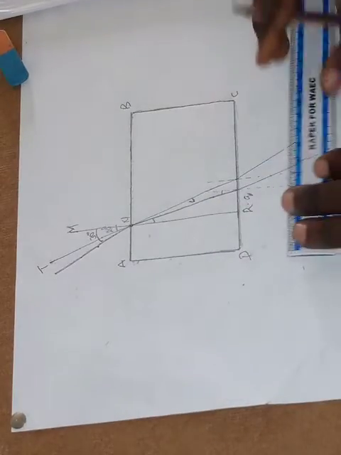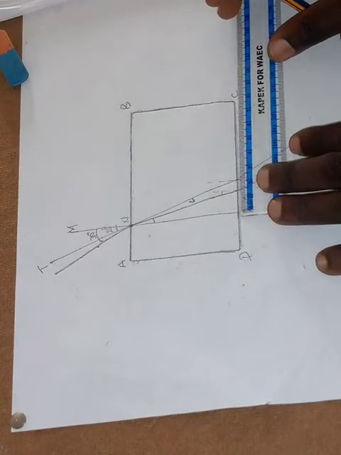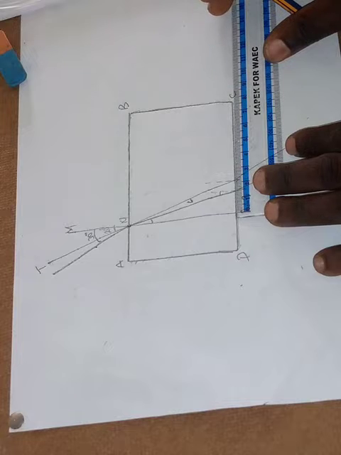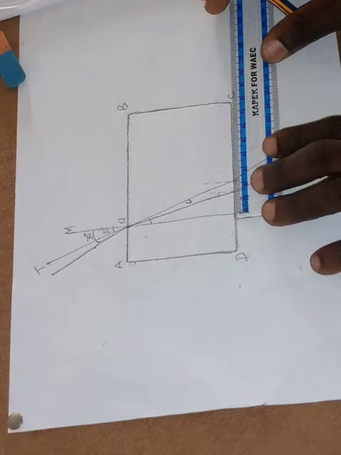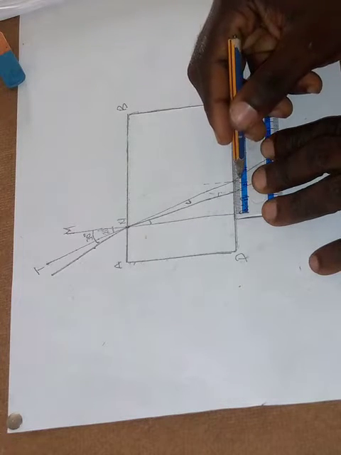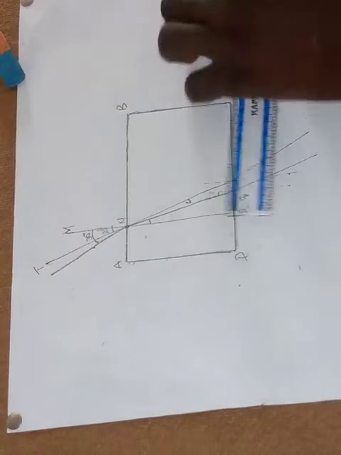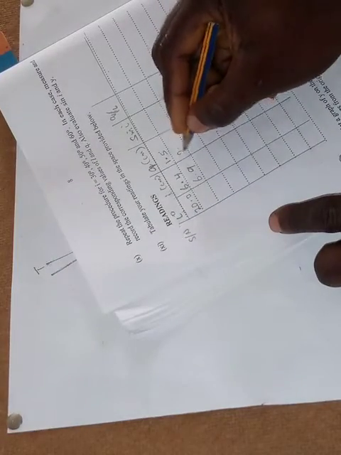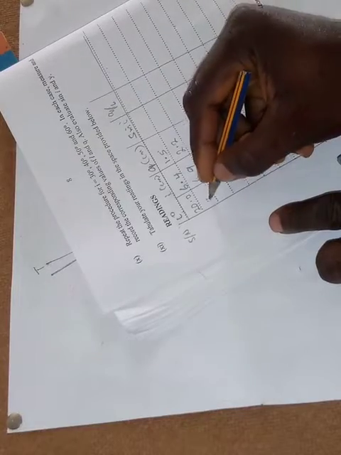And I'm going to record Q. This is 2.1, 2.2. So I have 2.2. So this is 30.0 degrees. Now we have that. So let me complete all others.